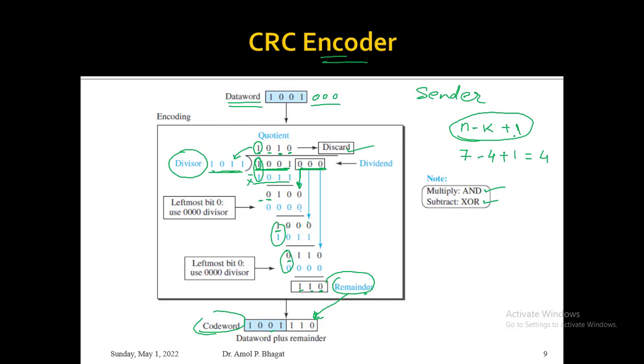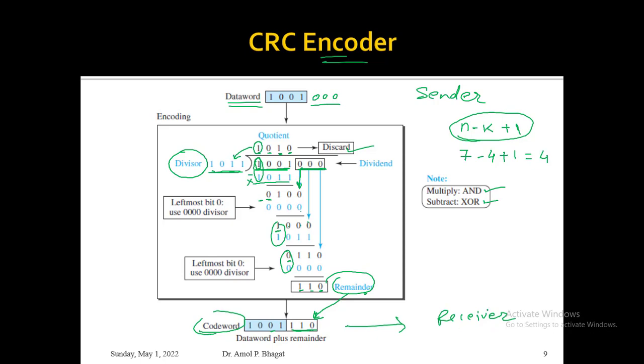Now this will be sent to the receiver. Simple data word will not be sent. The data word combined with those redundant bits, which will be used for checking the errors, right? Combinedly those will be called the code word. So that code word will be transferred to the receiver.